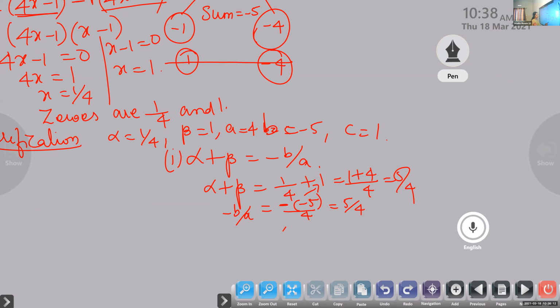So here the first part is verified. Alpha plus beta is minus b by a. Now do the second part, second relation. Alpha beta, will it be equal to c by a? Verify it.